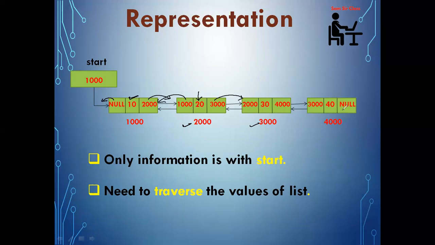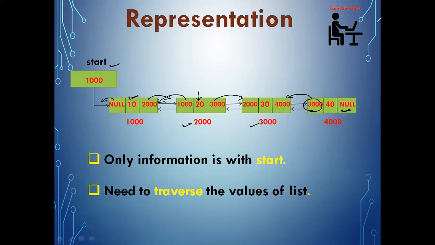Similarly, the last node's next part will contain null because after that no more node is present. But before that, node 3000 is present, that's where it is keeping the address. Now whenever you traverse this, the only information you have is start, but we need to traverse the entire list.